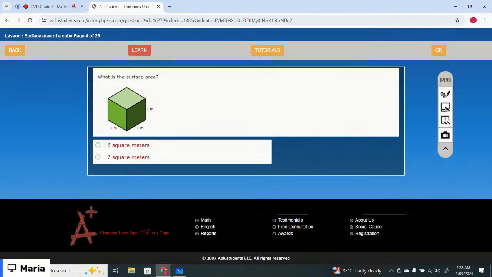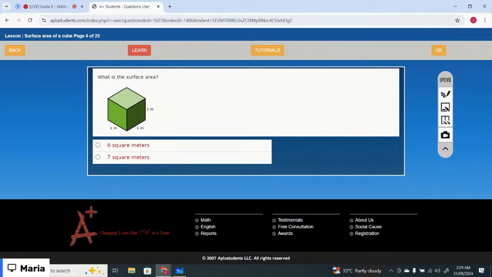What is the surface area? Which is the correct option? The correct option is 6 square meters.